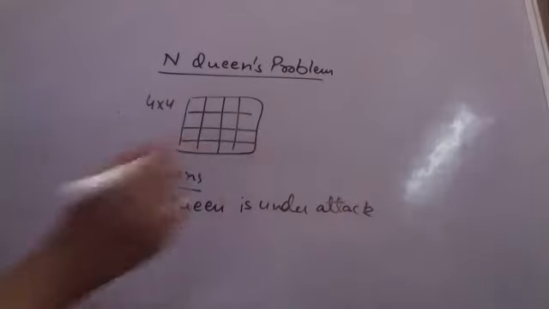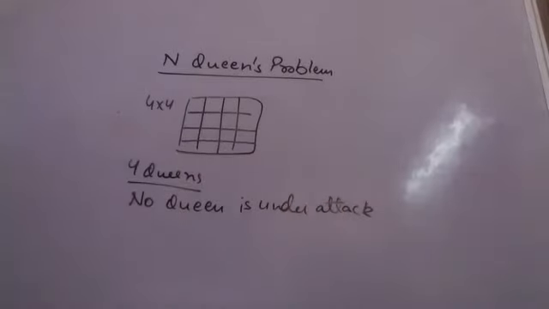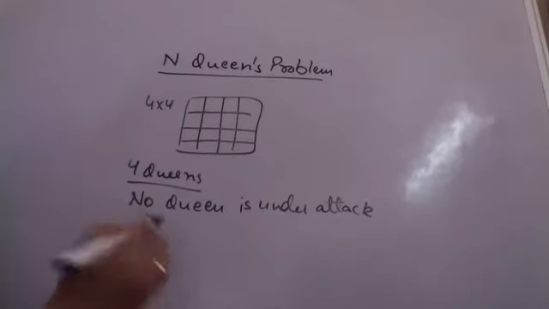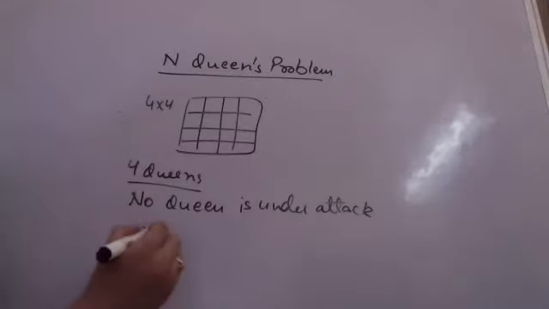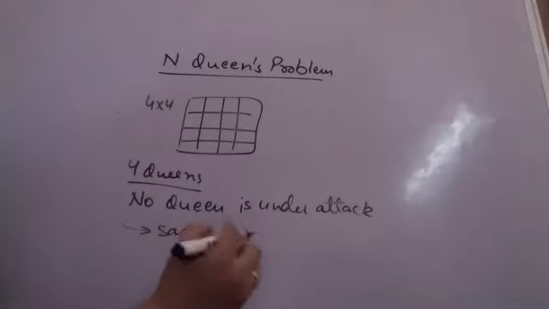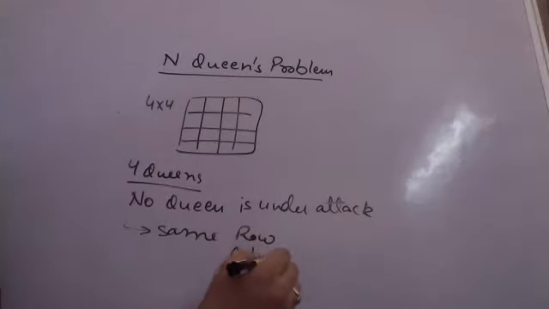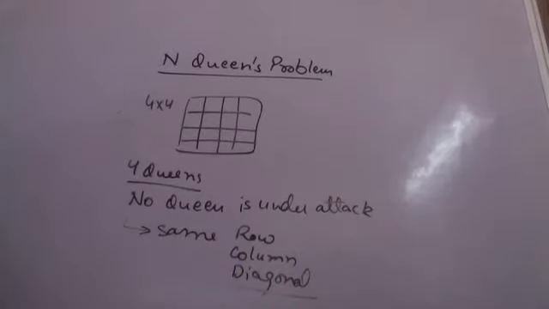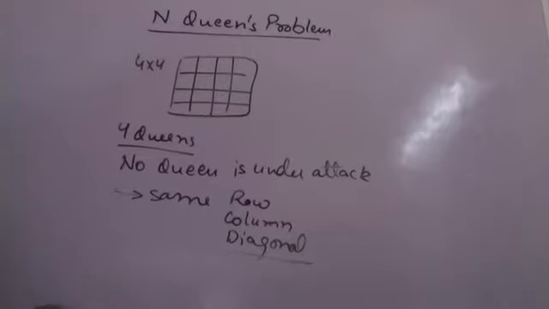So what is happening in this case is, when can a queen be under attack? If two queens are lying in the same row or same column or same diagonal, then they happen to be under attack. If you all have played chess, you will be aware of this.